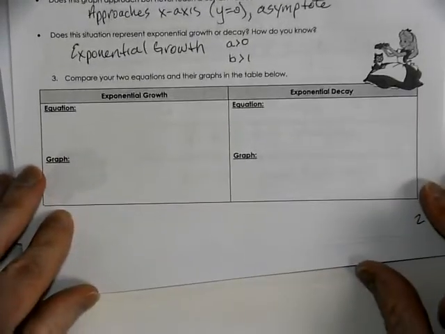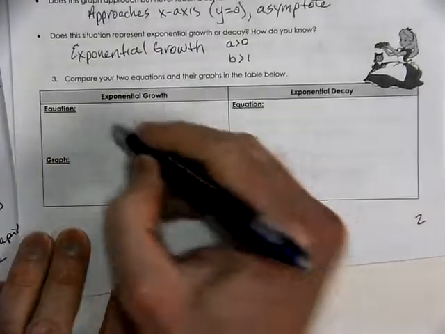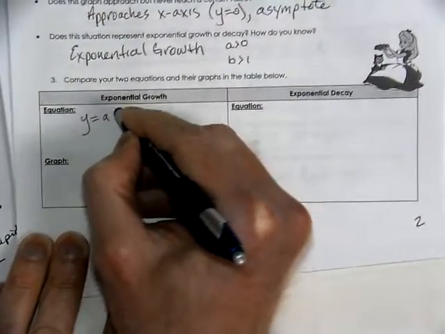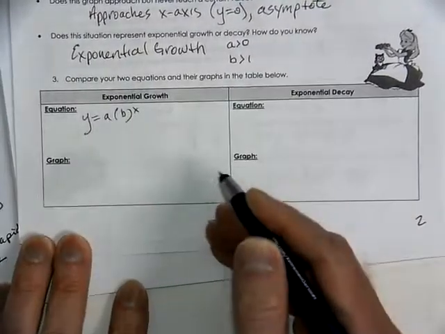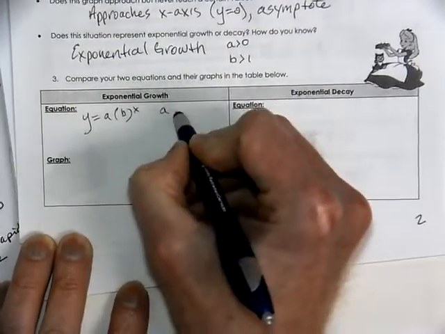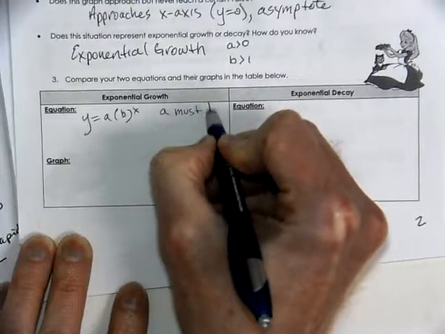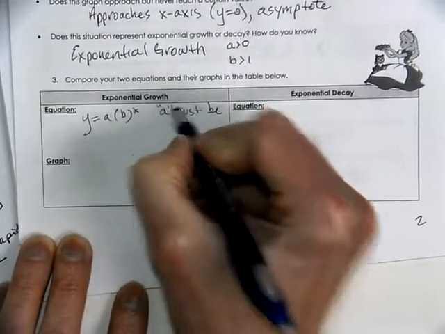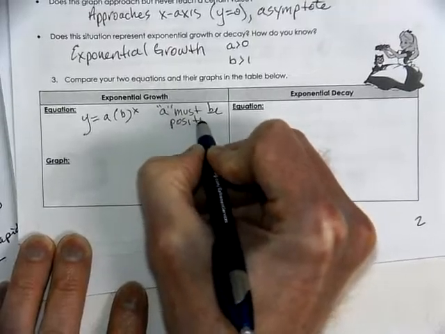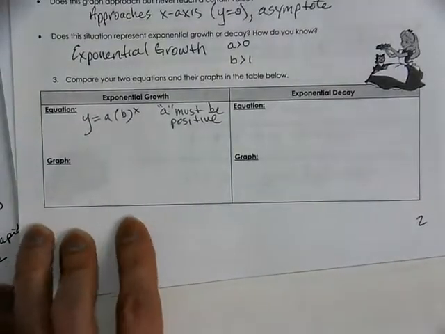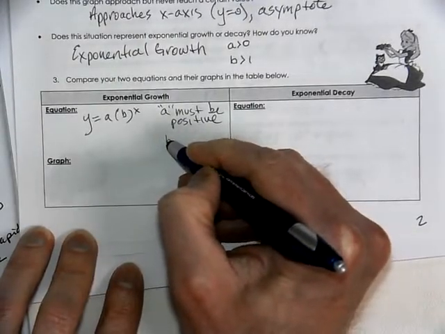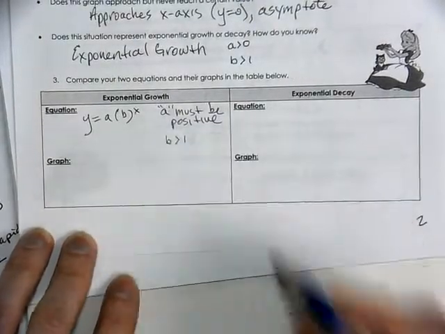So looking at our comparisons, we have an exponential growth model. That's y equals a, b to the x. Remember that a must be a positive number, and b must be greater than 1.